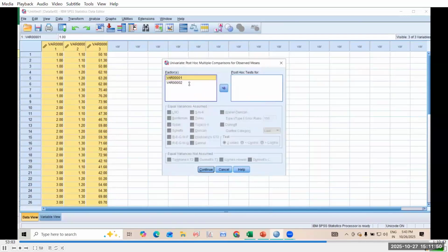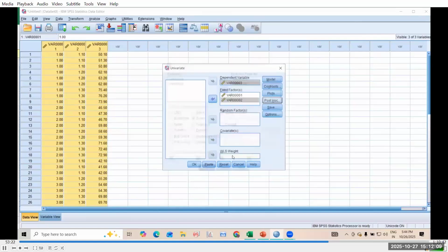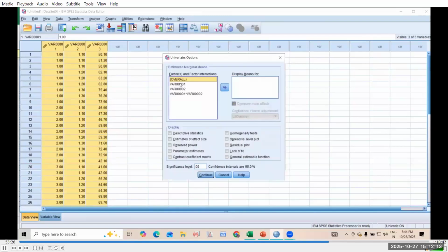Then we'll go for the post hoc test for both the factors. Like I have said, Tukey is most reliable and mostly used in food process engineering. So we'll go for the Tukey. Then we'll go for the options.